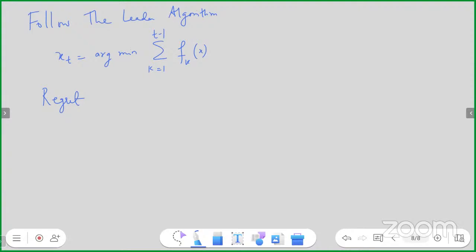It should not give you any reason to move away from that optimizer. It should move slowly, but that's not necessarily true. So think of what kind of function there will be where every time a new function comes in, the optimizer changes. It doesn't change by a small amount, it changes a lot. Parabolas won't do that. Think about it.